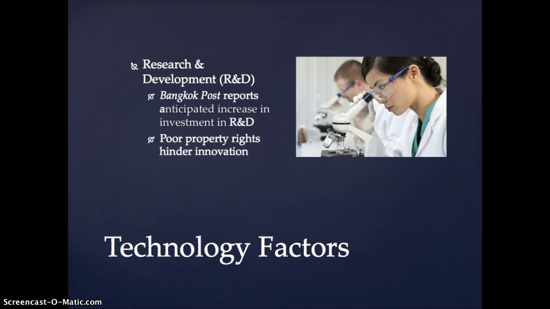They also are doing certain things to make this increase happen, like an online expense certification service to help businesses to qualify for a 200% research and development tax deduction, or to increase the research and development in their country. But again, because there's poor property rights in Thailand, innovation is not as successful as it could be.